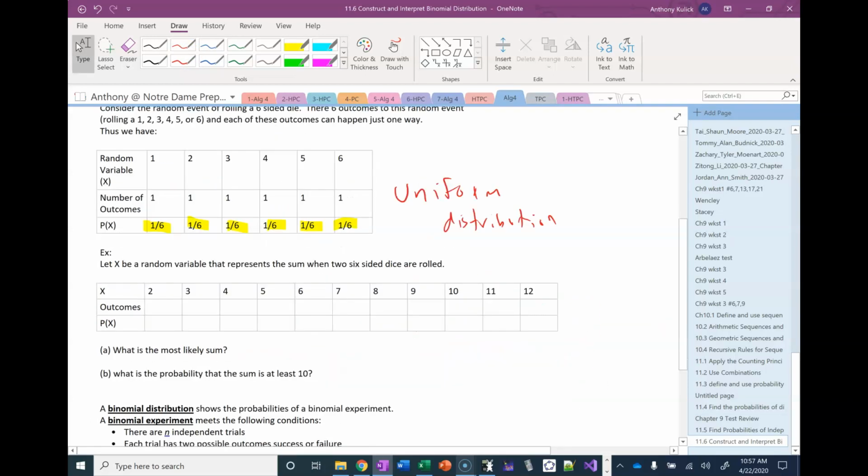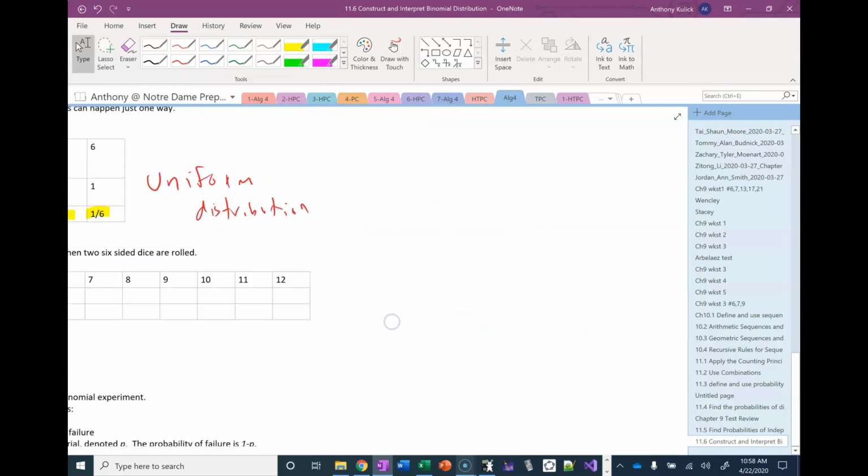Let's look at something that's not quite a uniform distribution. So let's say X is the random variable that represents the sum when 2 6-sided dice are rolled. If you remember a little ways back, we drew out all the outcomes. Let's do this again though.